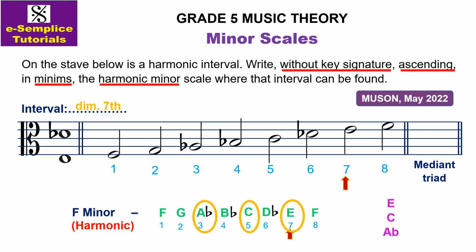So if you stack, you're going to have A flat, C, and E. Let's put that on the space on the staff provided above. That's A flat, C, and E. Don't lose sight of the clef. The clef here is alto clef.